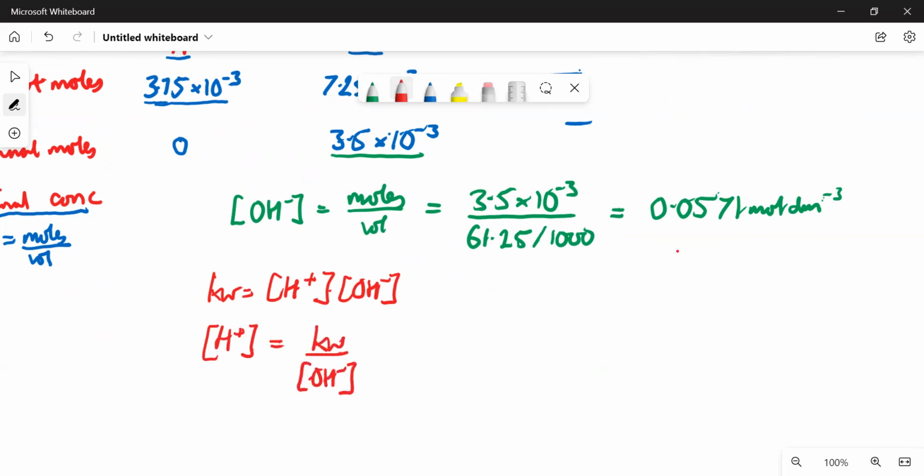They tell us in this equation, a bit of a giveaway, the OH minus is in excess because they give us the value of Kw, which is 1 times 10 to the minus 14, divided by this value here. Gives us an H plus concentration of 1.751 times 10 to the minus 13.